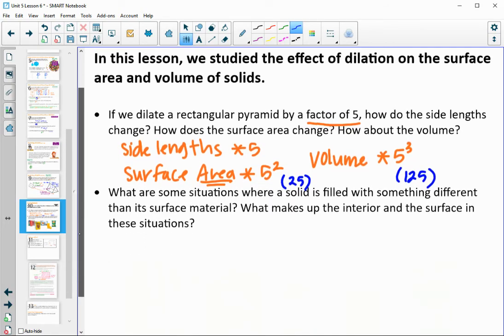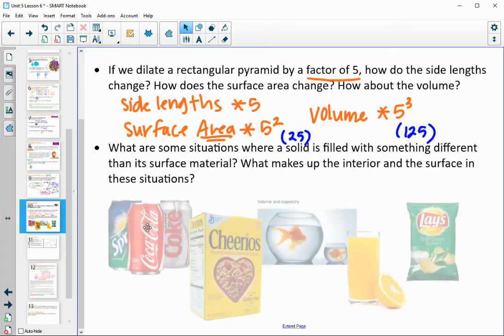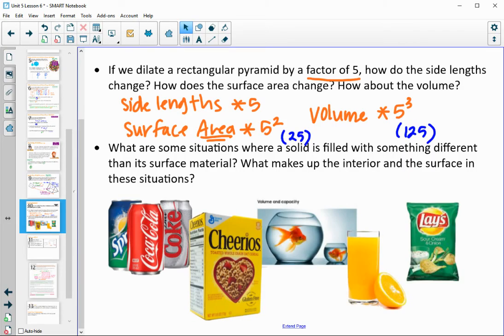So what are some situations where a solid is filled with something different than its surface material? So different than what it's made of, and what makes up the interior and the surface in these situations. So if you can think of some. A pop can is filled with soda instead of aluminum.